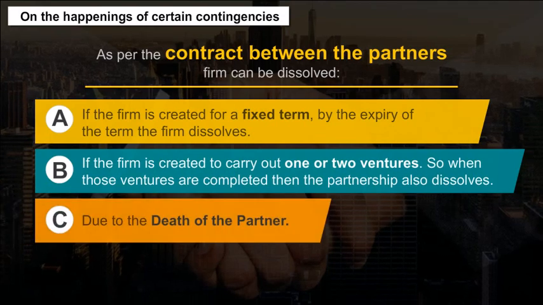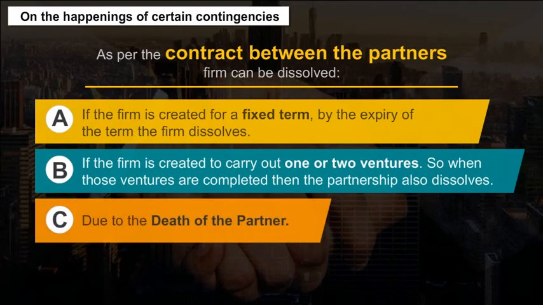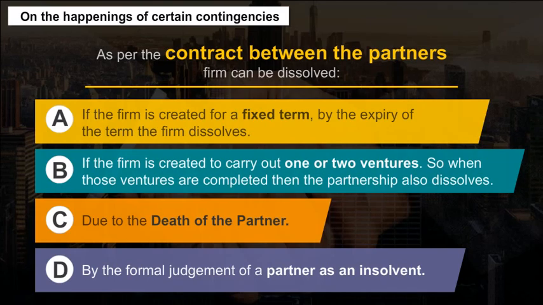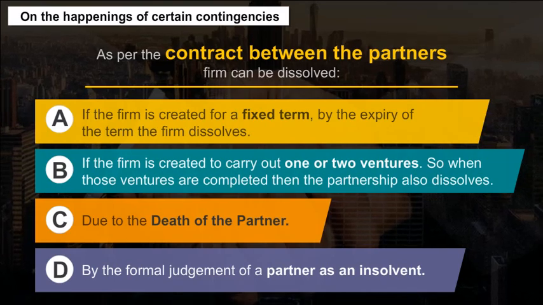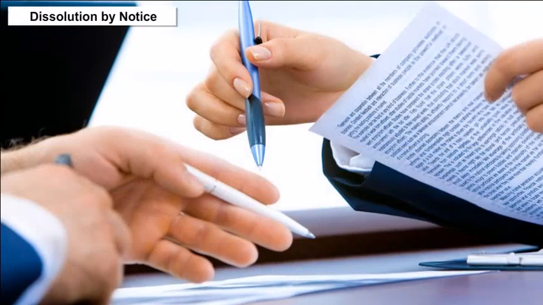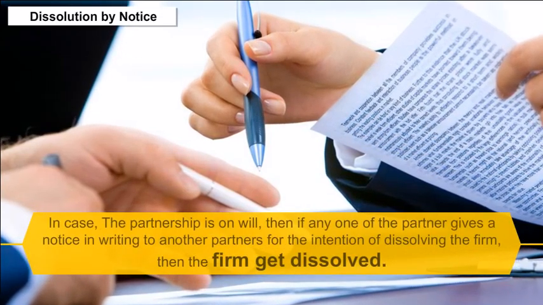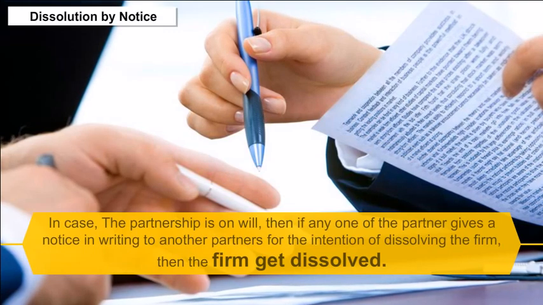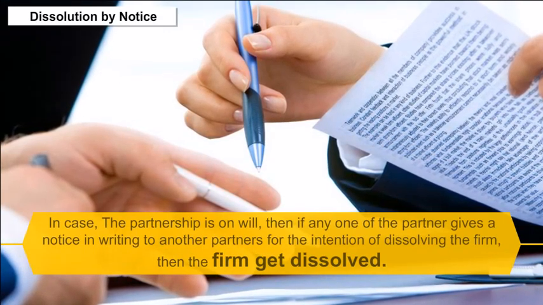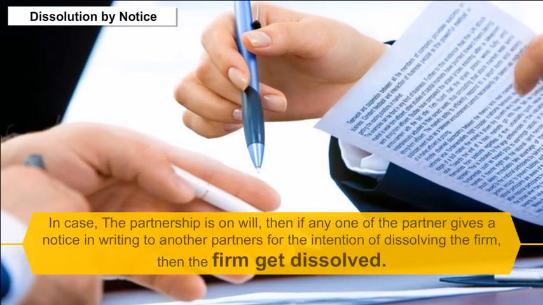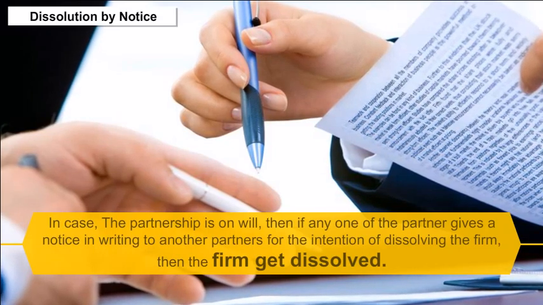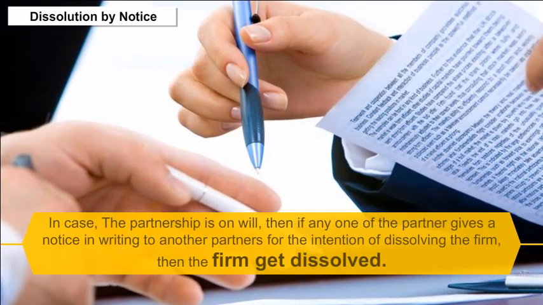C. Due to the death of the partner. D. By the formal judgment of a partner as an insolvent. Dissolution by notice. In case the partnership is at will, then if any one of the partners gives a notice in writing to the other partners of the intention of dissolving the firm, then the firm gets dissolved.